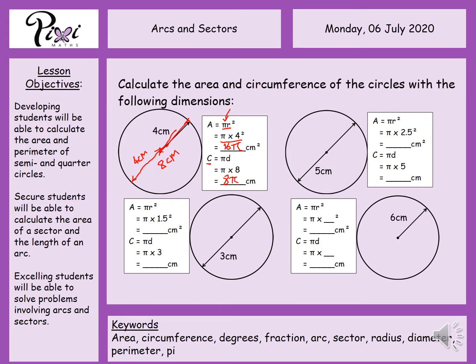So these are the more basic ones. Basically for area you've got the radius, so you do pi times radius squared. For the circumference you've got the diameter, you just do pi times diameter. So it's just following the formula really, so there's 3 extra ones for practice, and then the answers will pop up on the next slide.